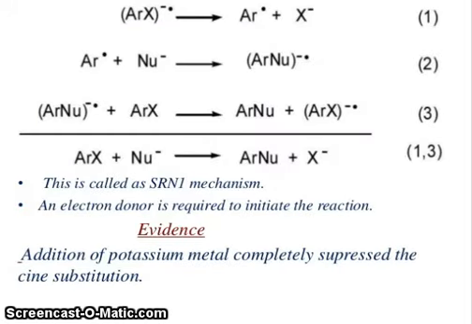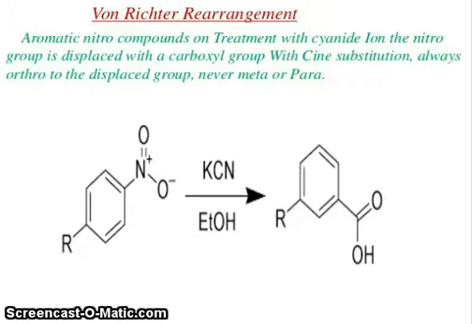So ArX minus radical, Ar radical plus X minus, Ar radical plus nucleophile, Ar-Nu radical anion, the radical anion reacts with ArX to give ArNu plus ArX radical anion. This is called the SRN1 mechanism, and an electron donor is required to initiate the reaction. What is the evidence? Addition of potassium metal completely suppresses the substitution.